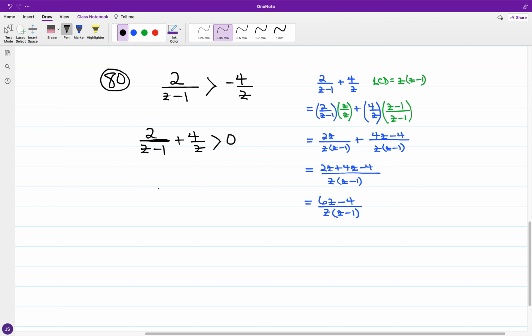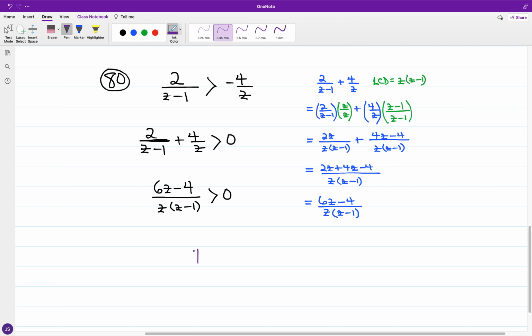So this comes down to 6z minus 4 all over z times the quantity of z minus 1 is greater than 0. So we'll be working around this function and establishing a table that will center around the zeros attained from the factors in the numerator and denominator.